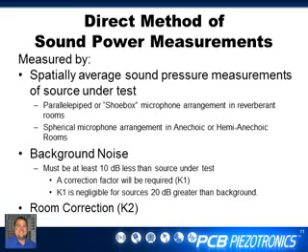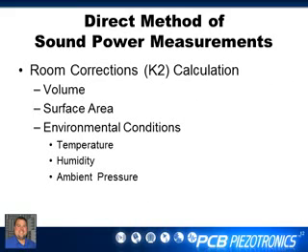If not, a correction factor may be required, unless the source is much louder than your background noise. At 20 dB greater than background noise, K1 essentially goes to 0. So there's one more correction factor, the K2 correction factor, and this takes into account the volume of the room, the surface area of the room, and the environmental conditions.